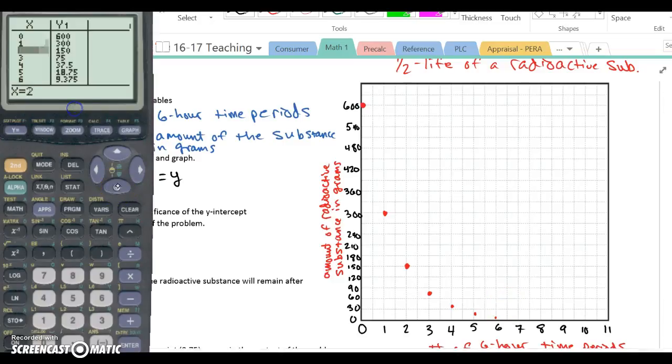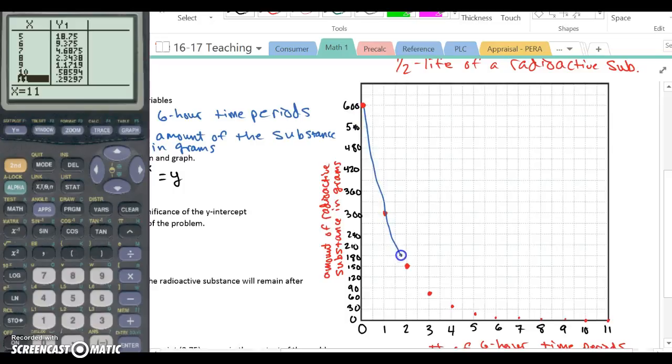And really quickly here, I'm going to be so small that I'm just going to have to approximate. So okay, let's see, 10, 11 are pretty much really close to the x-axis. Okay, so we got a nice smooth curve.